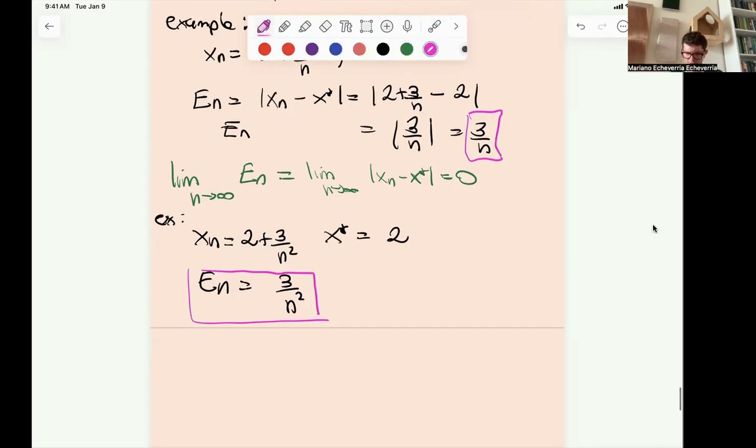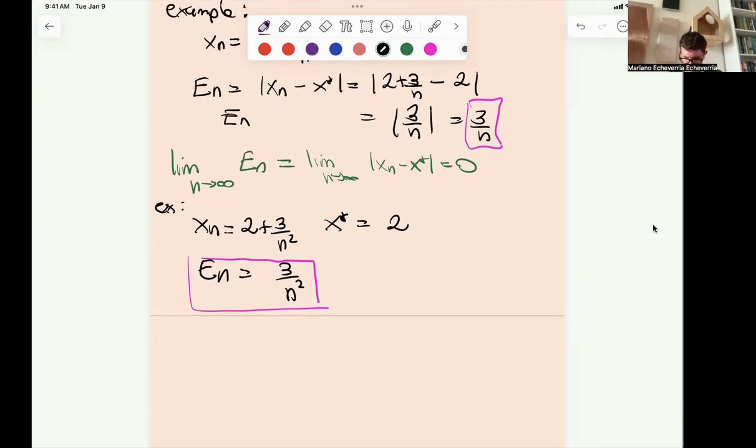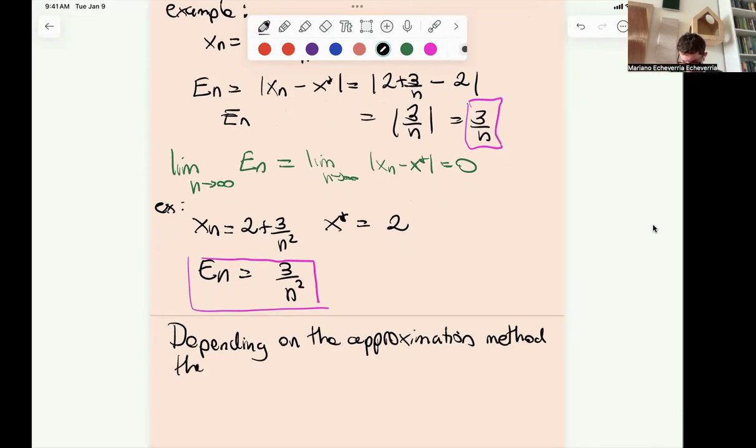So depending on the approximation scheme, the error can converge faster to zero than other methods, faster or slower to zero.